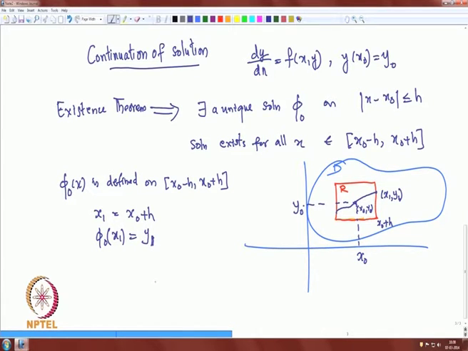The point x1, y1 is a point inside the rectangle, and the rectangle is inside the given domain D, and the function satisfies all the nice properties like continuity and Lipschitz continuity on the whole domain D. So the question is now, can we take the differential equation with a new initial point?